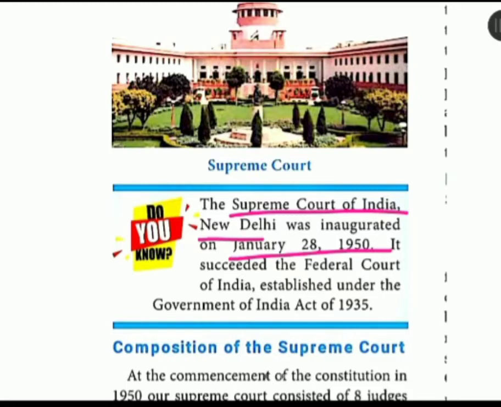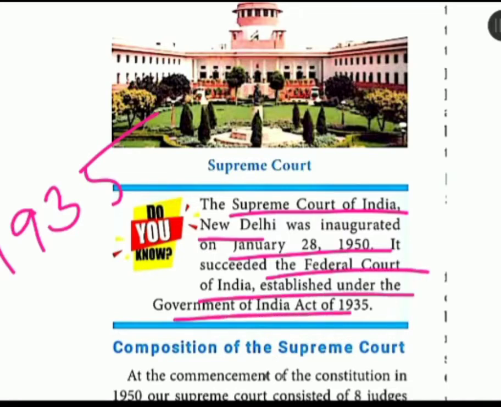As I already told, as per the Government of India Act of 1935, the Federal Court was established. The Federal Court of India was established under the Government of India Act of 1935, and that only succeeded as the Supreme Court of India.